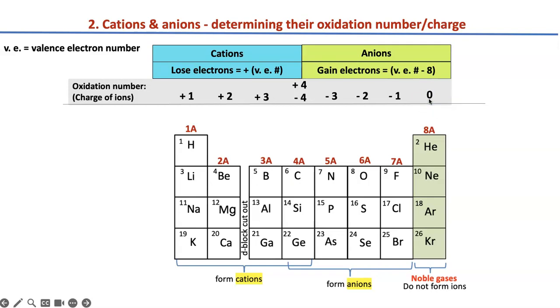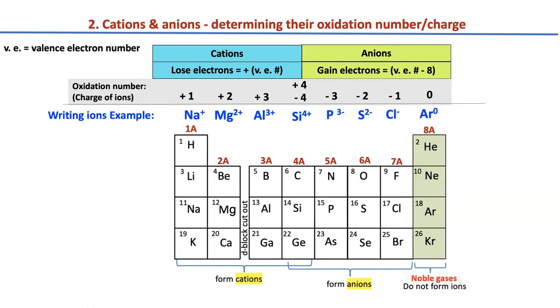And then let's look at some examples of how to write ions. For example, sodium, lithium, hydrogen, and potassium would be written with just a plus sign. So in chemistry, if you have gained or lost just 1 electron, we don't write -1 and +1. We just write the plus.